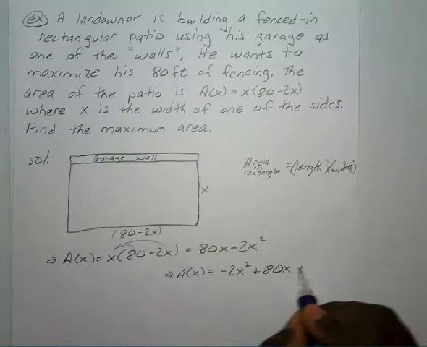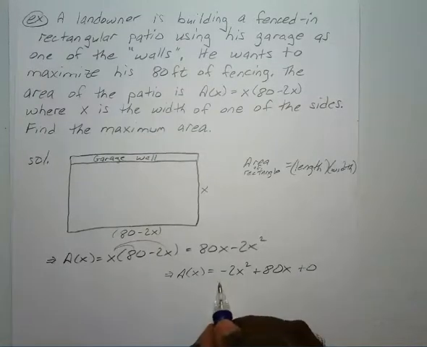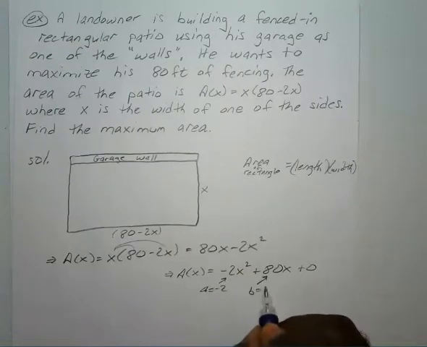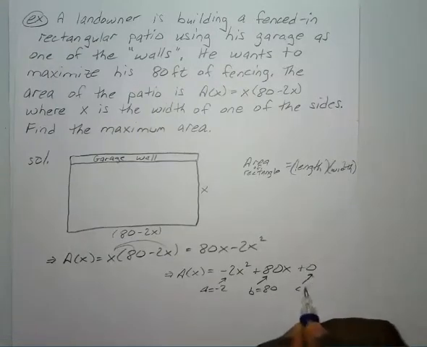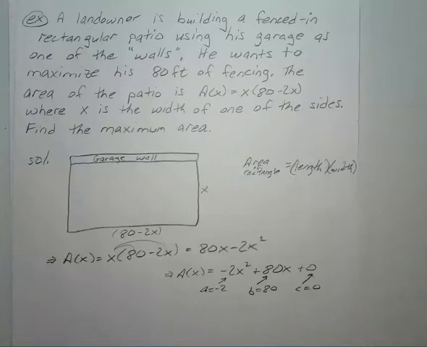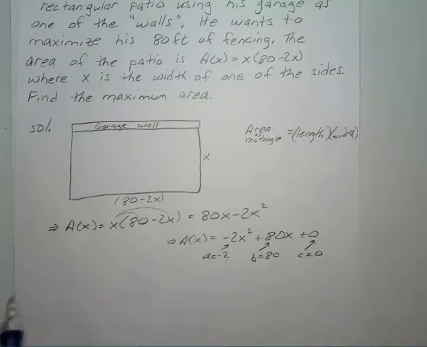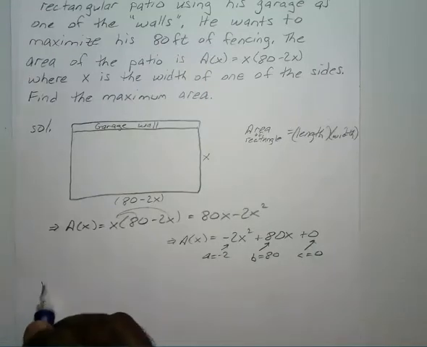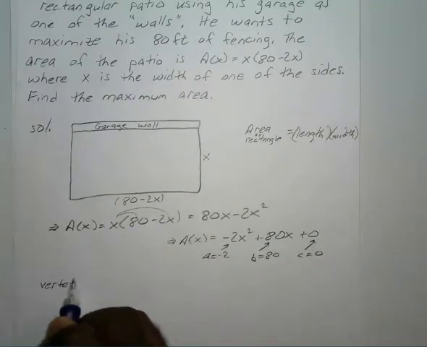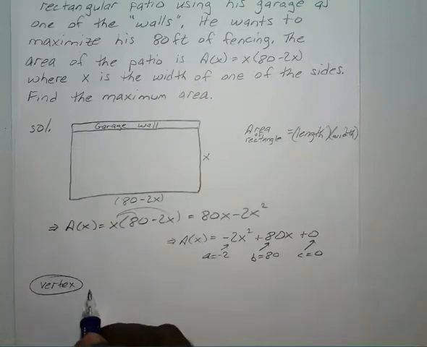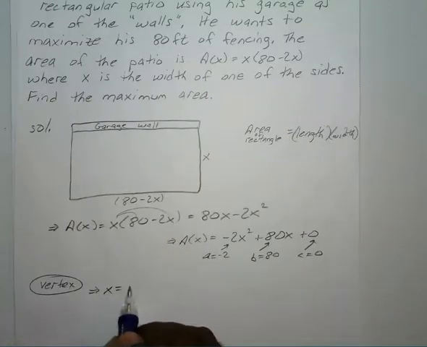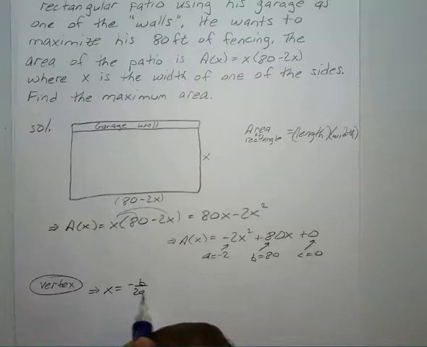And you can put plus 0 there if you want, just to let us know that our a is equal to negative 2, our b is equal to 80, and even though we won't use it, our c is equal to 0. Alright, so now all we have to do is find our vertex. Okay, so looking for our vertex, we know that the x is negative b divided by 2a.